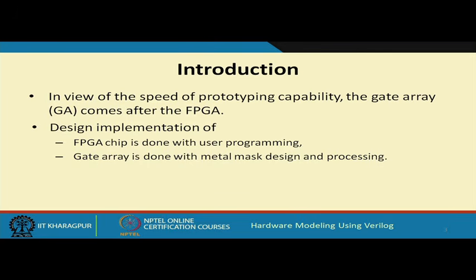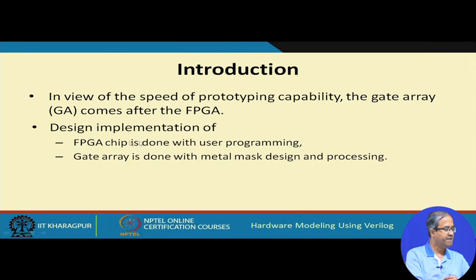So, it is very cheap, very fast, and you can very quickly map some design into hardware. Now, in that spectrum, gate array is something which falls between the two extremes. You may say it is a little closer to FPGA. So, let us see the salient features.